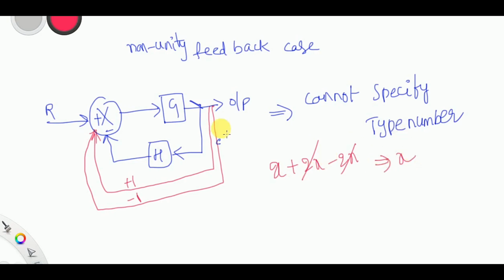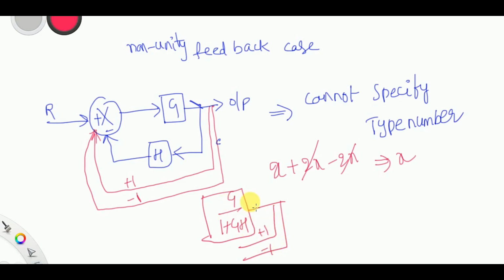In the same way, if you take a positive feedback of unity and a negative feedback of unity, the value will compensate and the overall output will not change. Now you solve step by step using the rules of block diagram reduction. Here we get G by 1 plus GH followed by two feedbacks, +1 and -1.